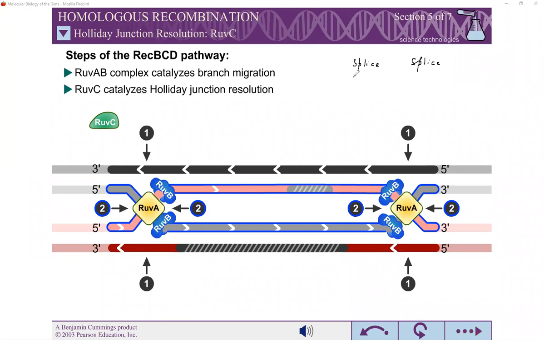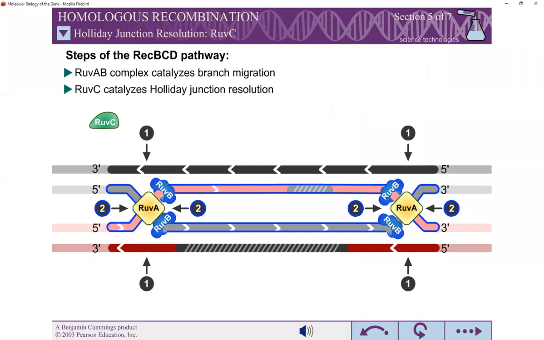The next one would be referred to as splice patch. The third one would be referred to as patch splice. And the fourth one would be referred to as patch patch. So these are the four combination products that would be obtained: splice splice, splice patch, patch splice, and patch patch.